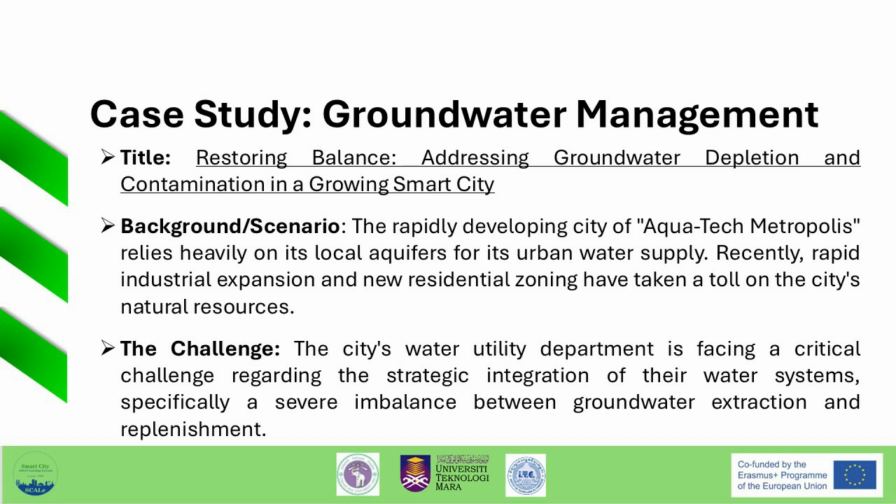Unfortunately, recent rapid industrial expansion and new residential zoning have taken a significant toll on the city's natural resources. The challenge: the city's water utility department is facing a critical problem regarding the strategic integration of their water systems. Specifically, they must address a severe imbalance between groundwater extraction and its natural replenishment.